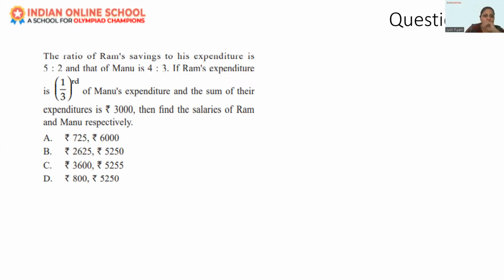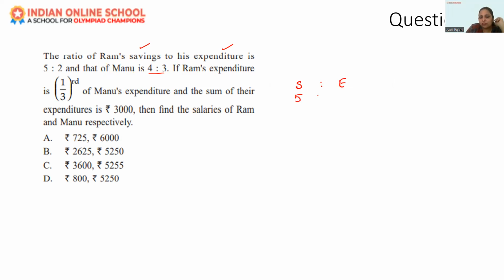Let's start now. The ratio of Ram's savings to his expenditure is 5:2. You know the meaning of savings and expenditure, you are in grade 7. And that of Manu is 4:3, savings to expenditure.